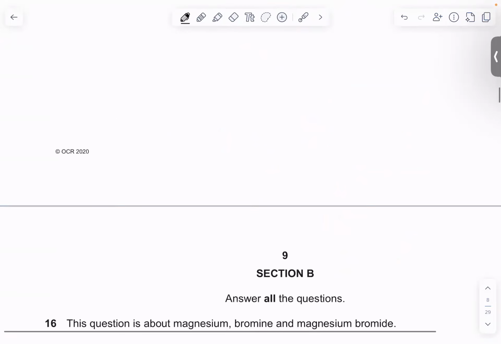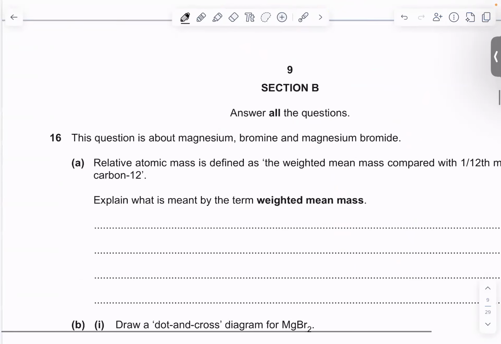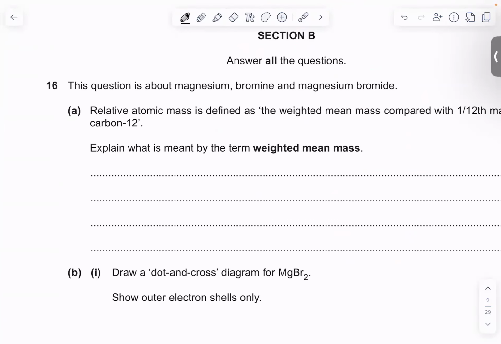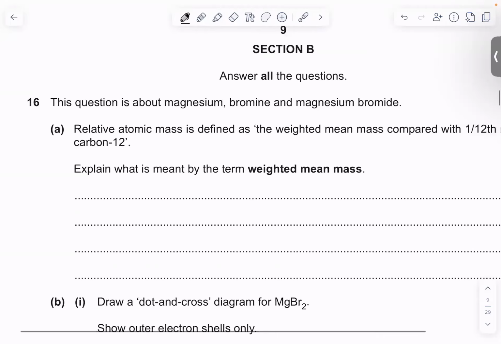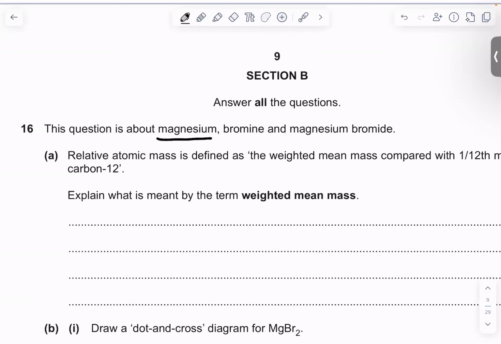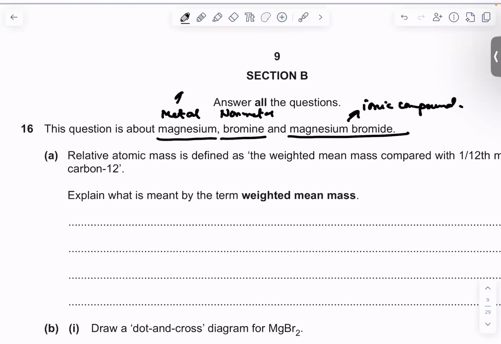All right. So next is this one. Now structured questions. This question is about magnesium, bromine and magnesium bromide. So before starting this, why not underline this? Magnesium is a metal. Bromine is a non-metal. And magnesium bromide is an ionic compound. This is group 2.